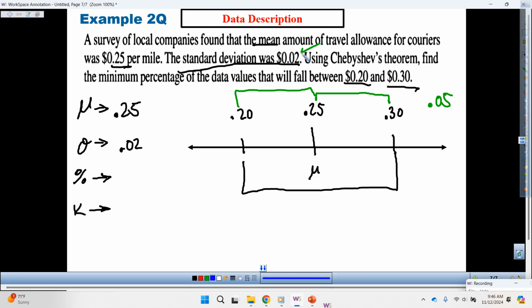So I take this distance and divide it by 0.02, and that's going to give me where I'm at in regards to the K. So calculators calculate. 0.05 divided by 0.02 is 2.5. And that is our K. So I'm going to write it here, 2.5.